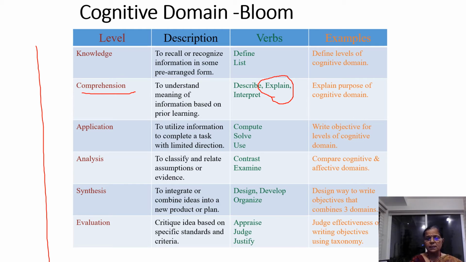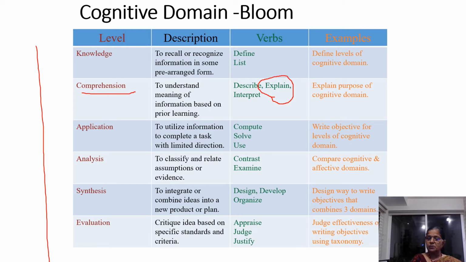And the next level: design a way to write objectives that combines all the three domains. See, I give you a task to write and prepare a question paper with questions including all the three domains of knowledge: KSA, knowledge, skill and attitude.